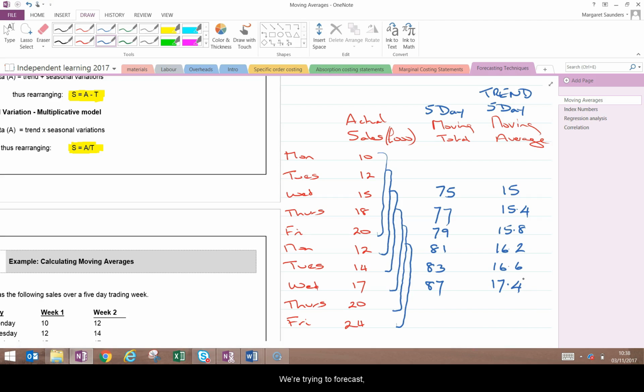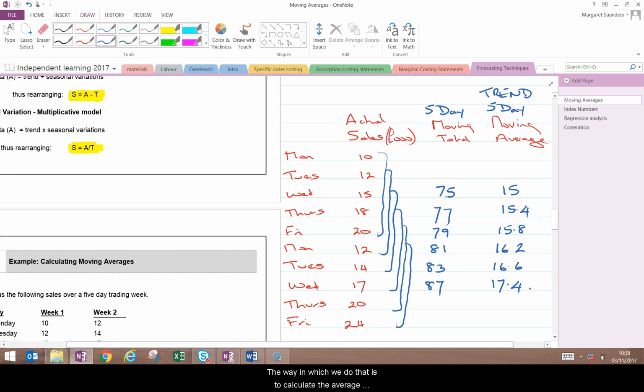Now we're trying to forecast. So what we need to do is use that trend to forecast into the future. So we need to be able to continue this trend on into the future.